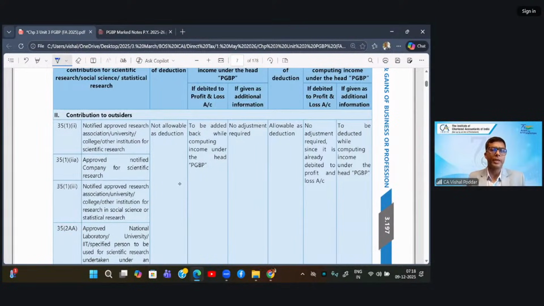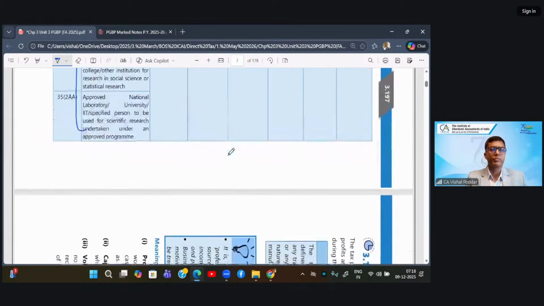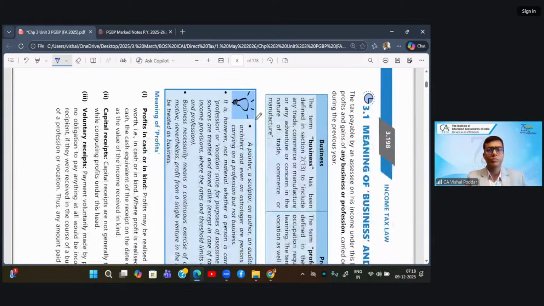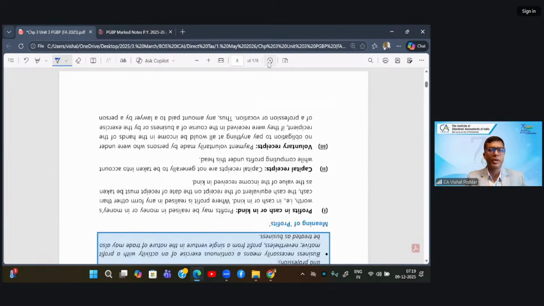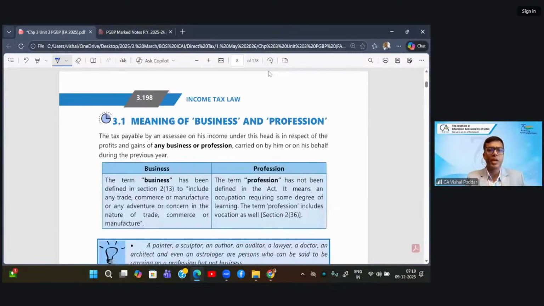What is important to note is that under the new scheme, these payments made to outside scientific research associations, even though they are approved, are not allowed. However, they were allowed in the old scheme. And then additional depreciation we have already seen. Plus, there is one more special point relating to Section 35AD business that we will see as we proceed.